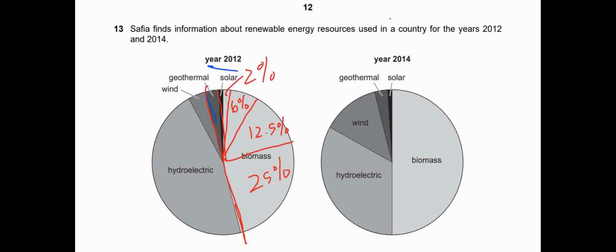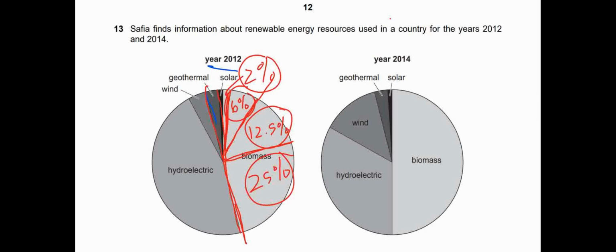So let's sum up all together. 2%, 6%, 12.5%, 25%. So this is a quarter circle, so I write 25%, and this is the quarter divided by 2, so I write this portion 12.5, and this is the portion of 12.5 divided by 2, which is 6, and this is the portion of 6 divided by 2, so it will be 3, but it is less than 3, so 2.